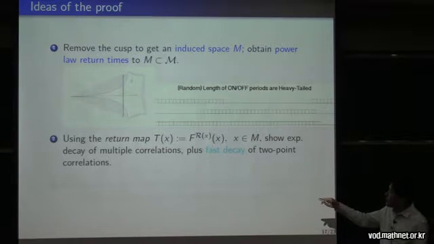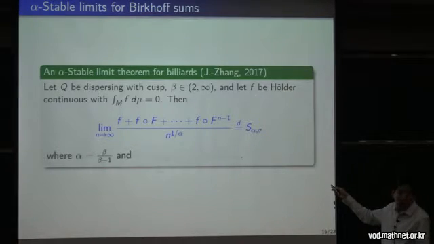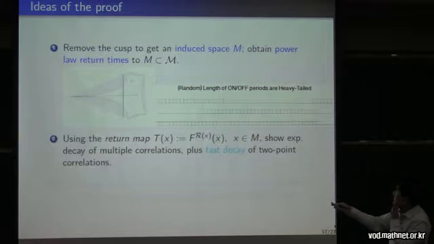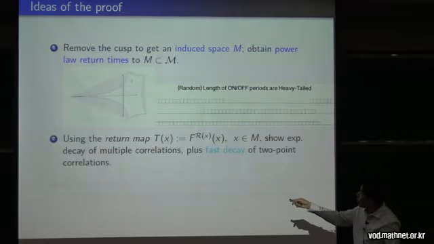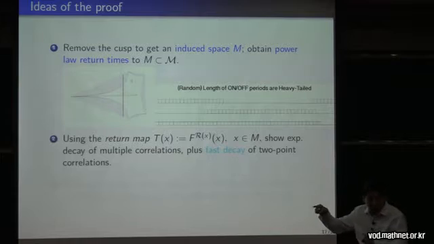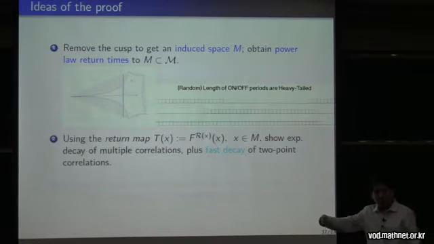But if you think about it, notice in the previous slide I should have also said that f is Holder continuous. So it has nice continuity properties, the scores. The scores don't change so much when we move around the boundary. But if we're Holder continuous, then essentially it looks like a constant near the tip of the cusp. So when we go in there, we're getting the same score over and over if we get stuck in there. That's exactly this picture, right? We're adding 1, 1, 1, 1, 1.